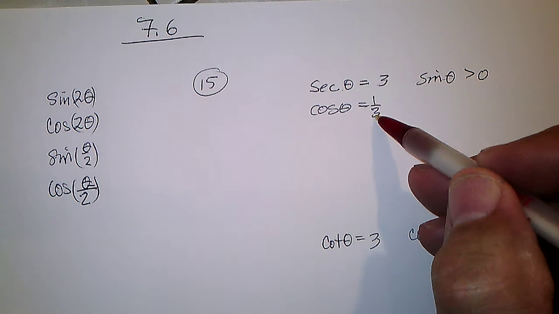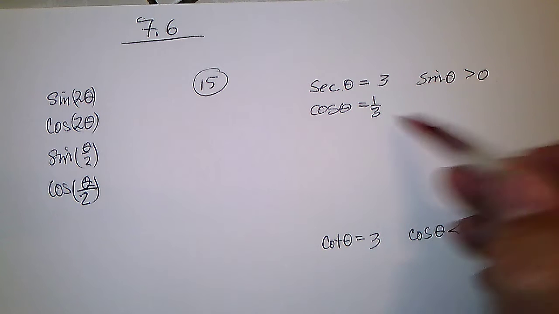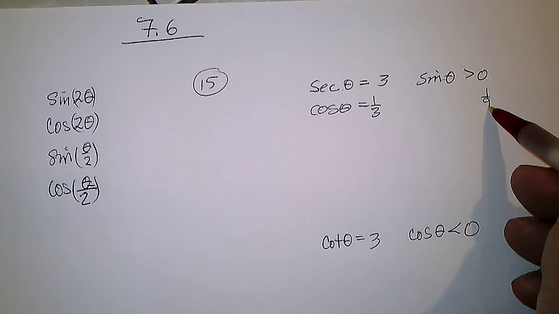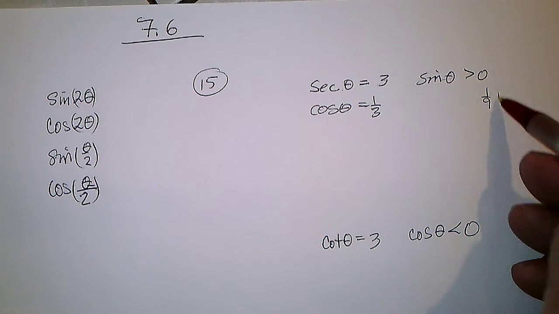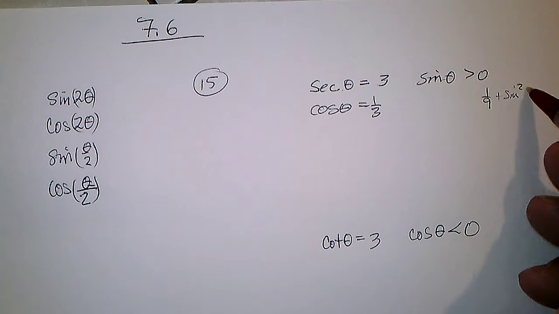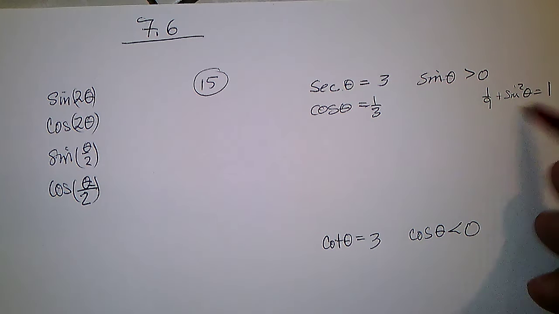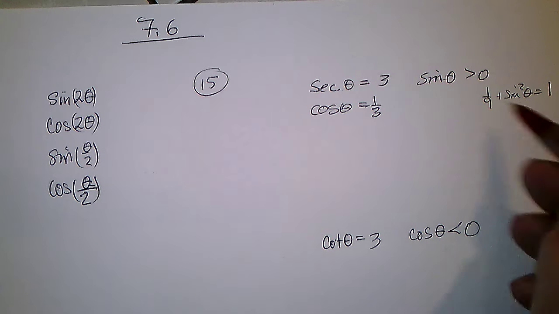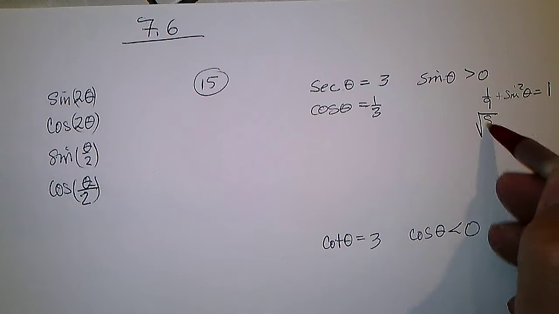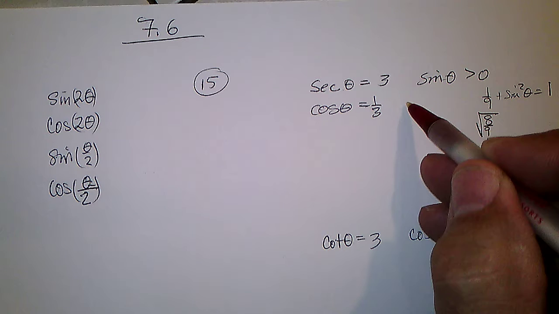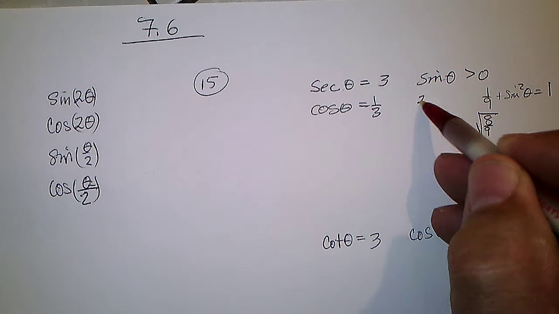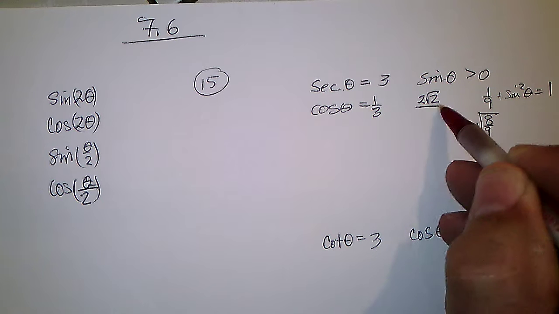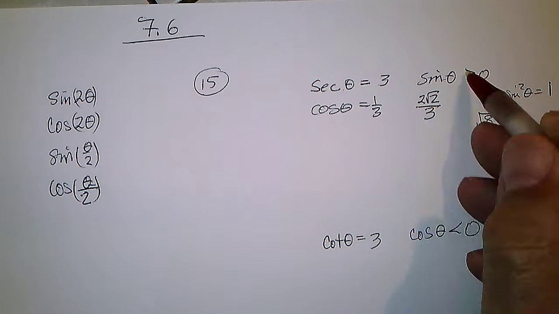And if I do cosine squared plus sine squared equals 1, that'd be 1/3 squared is 1/9 plus sine squared equals 1. So the sine squared is 8/9. And if I take the square root of 8/9, I get the sine to be 2 square roots of 2 over 3 and positive.